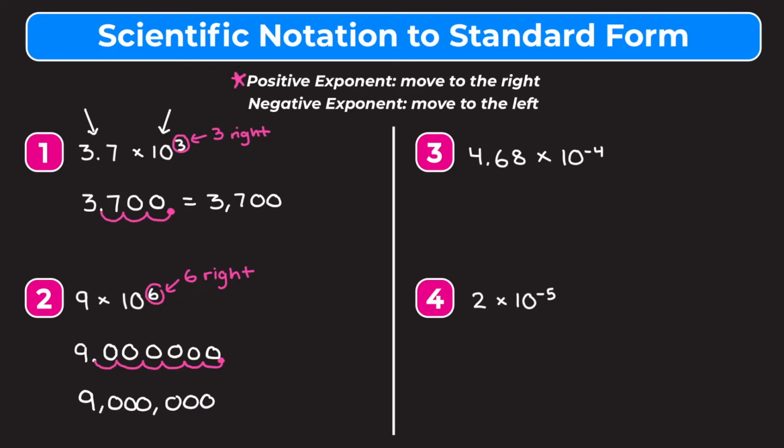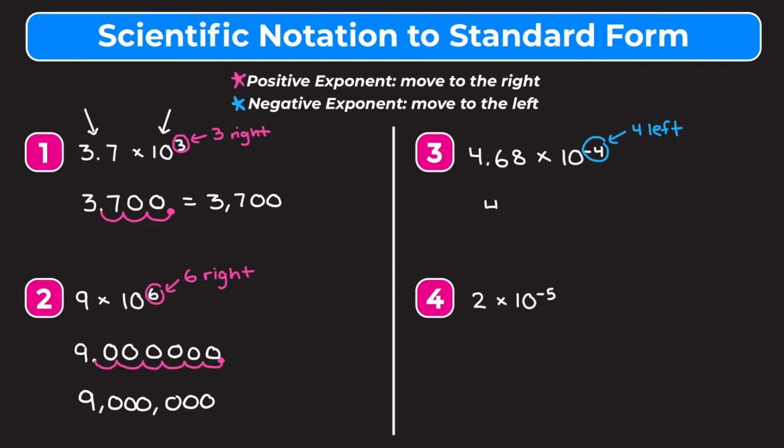Now let's take a look at 2 examples that have negative exponents. In example 3, we have 4.68 times 10 to the negative fourth. At the top of our screen, it says negative exponent means move to the left. We have a negative 4 exponent, which means we want to move our decimal point 4 places to the left.